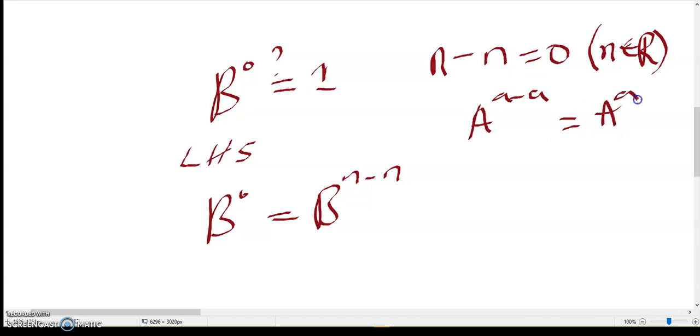This is the same thing as a to the power m over a to the power n. So this is from your indices.